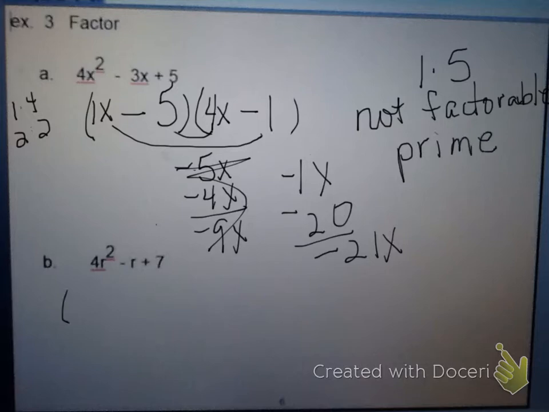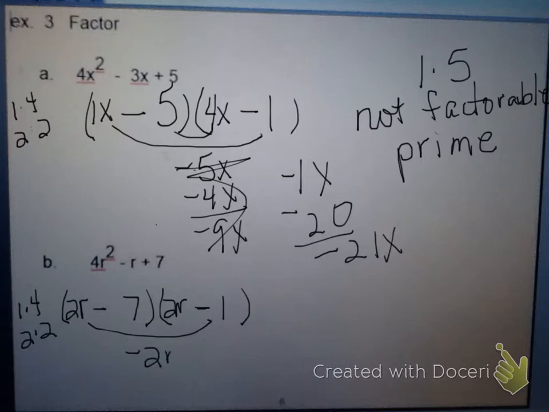Example B, make your two binomials. Your signs are going to be negative. Factors of 4, either 1 and 4 or 2 and 2. So my outside is a negative 2r and my inside is a negative 9r. That does not work.